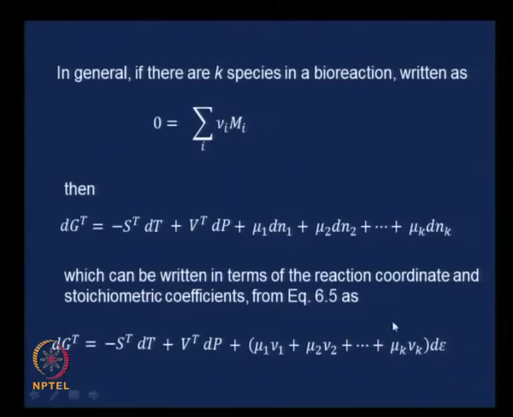I hope you are able to see this. Please go back to equation 6.5 if you are unable to see this. The relationship between the various dN's and d epsilon will drop out from there, and from that we will get this expression. We will call this equation 6.12.